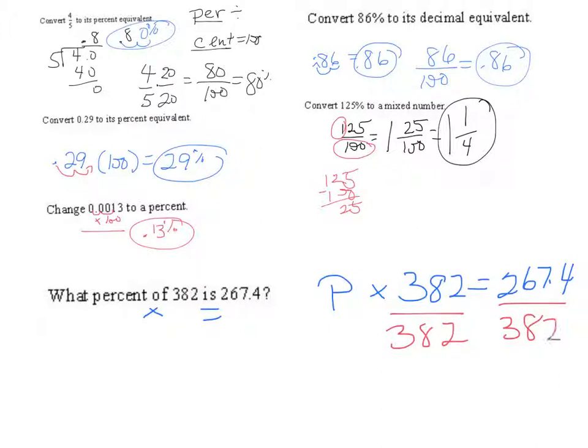And I'm going to get a decimal because I see my numerator is smaller than my denominator. So when I use my calculator, I got 0.7 as a decimal, but then we want it as a percent. So we need to take that times 100, and when we multiply by 100, our decimal moves 2 places. So that's going to be 70%.